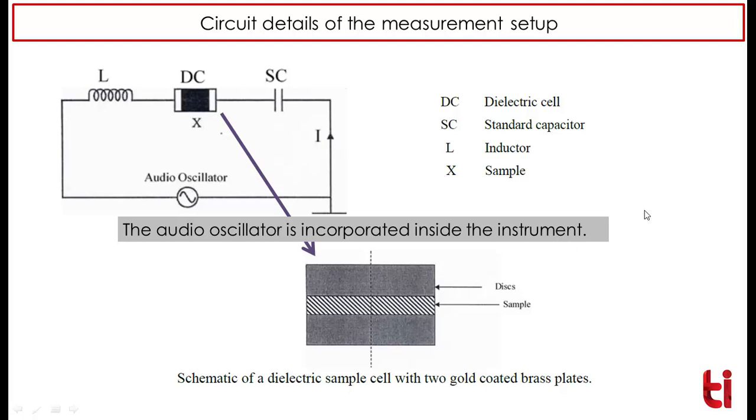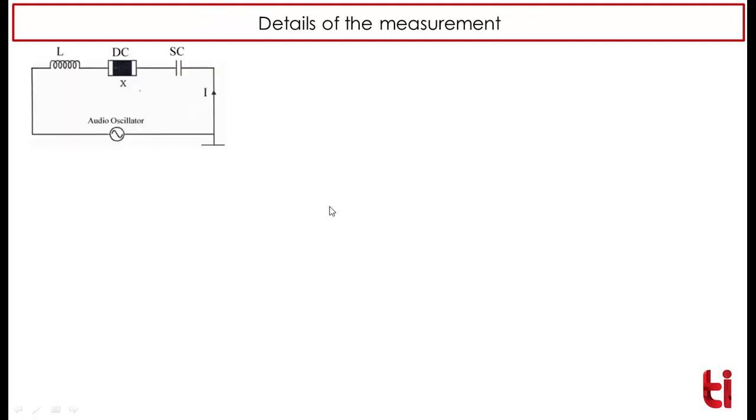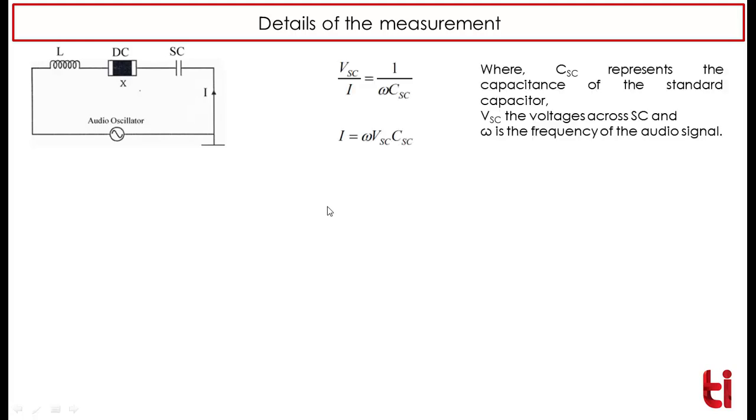So if we look at our circuit, we have the standard capacitor SC. Across the standard capacitor, we have the voltage VSC, and the current through it is I. So we can write the impedance for this particular capacitor by this formula.